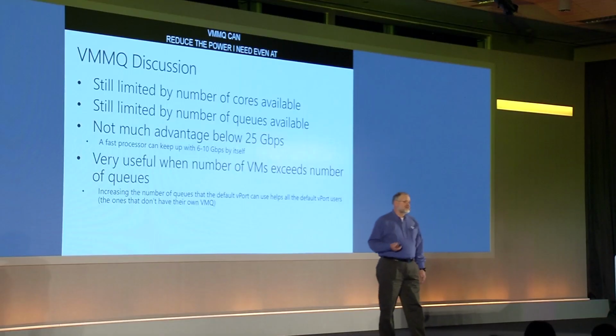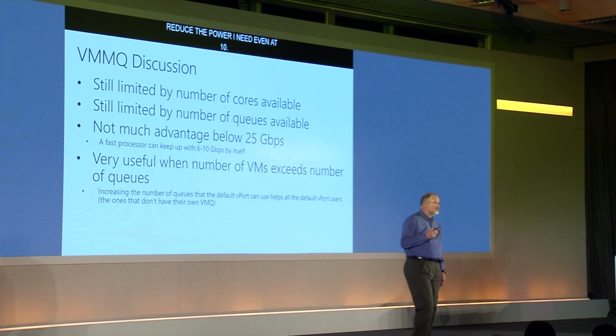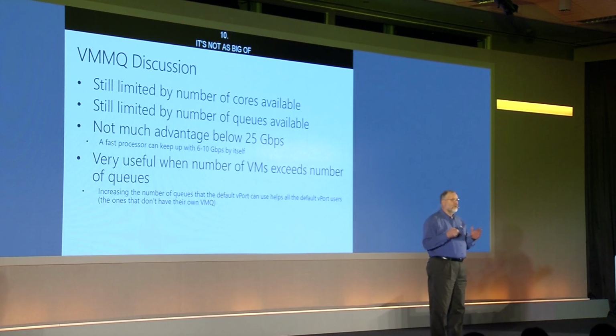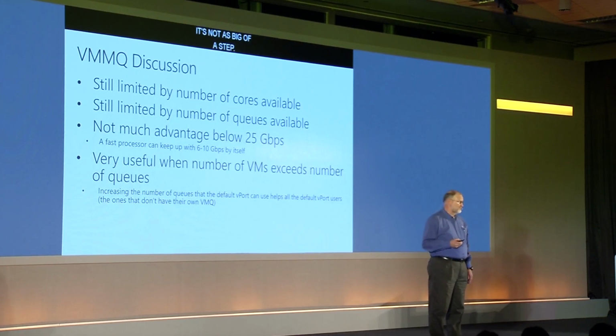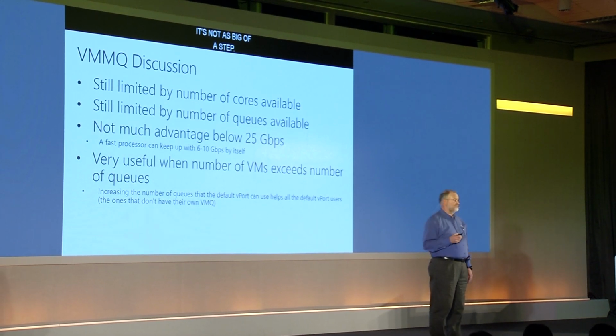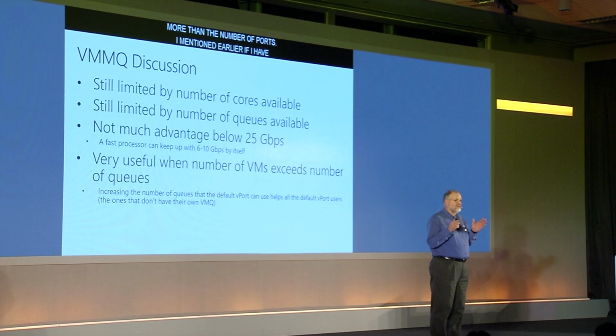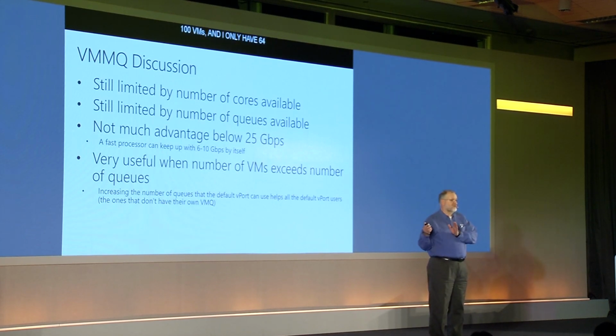The biggest place this becomes useful is when the number of VMs is more than the number of ports. I mentioned earlier, if I've got, say, 100 VMs, but I've only got 64 queues. With VMQ, the first 63 VMs get their own queue, but the last 33 VMs share that queue. That's a problem, because those 33 VMs sharing the queue are not going to get good performance.